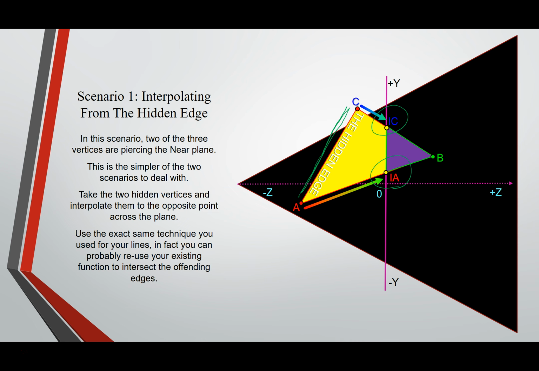But really the key thing here is there is a hidden line. There are two vertices that have negative Z values. That's how you identify this situation. All right, so this one's not too bad. Once again, don't forget, vertices have things like colors and UVs. You've got to interpolate those too, so don't forget about that.